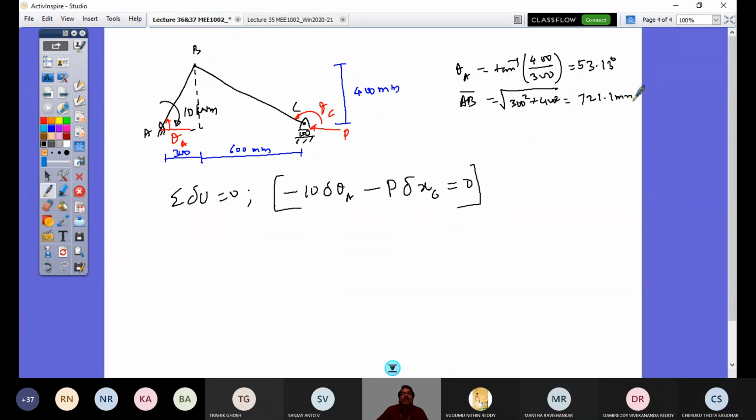Similarly, what is now BC? So BC would be 600 square plus 400 square. Sorry, here it's 300 square plus 400 square, which is equal to 500 mm. Just make this correction.